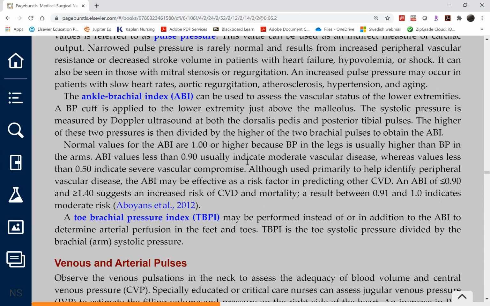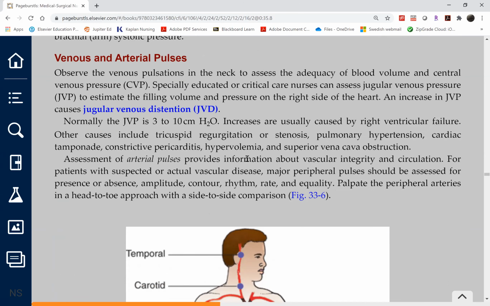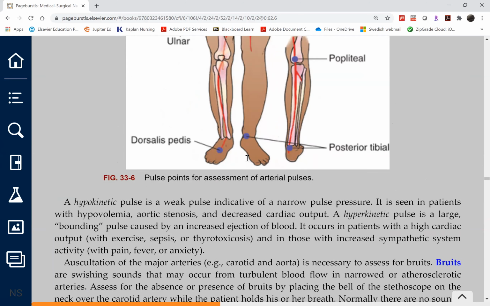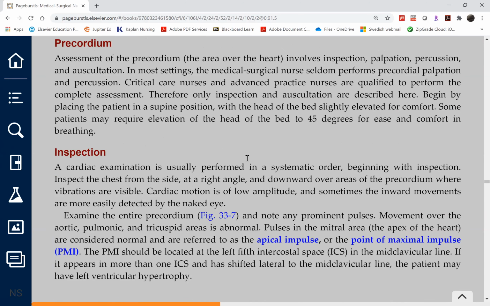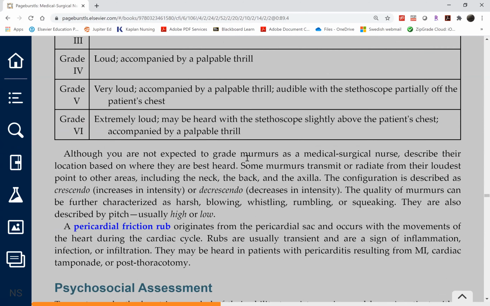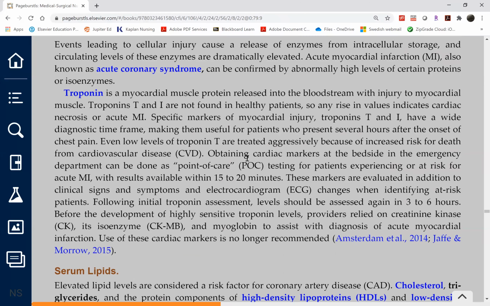ABI will be discussed in chapter 36. And this will be PAD, so we'll do that also in chapter 36. I think that's all we need for 33.